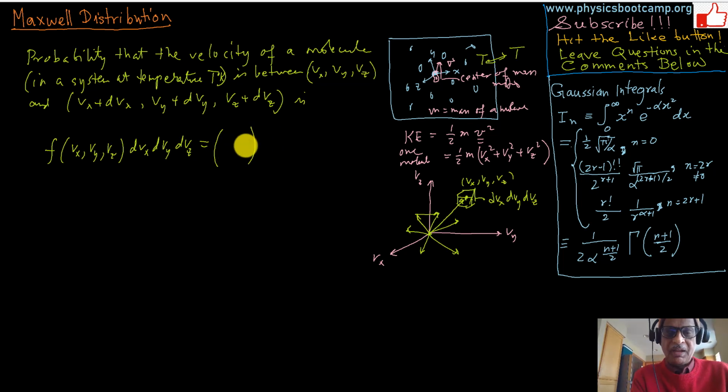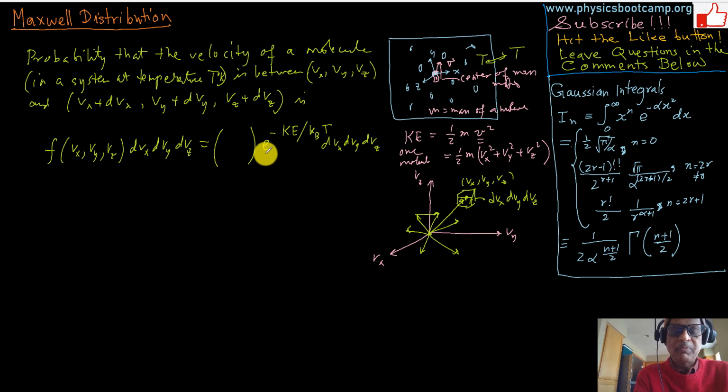I'm going to write now just a little bit, and e to the power minus kinetic energy of one molecule over Boltzmann constant times T, dVx dVy dVz.